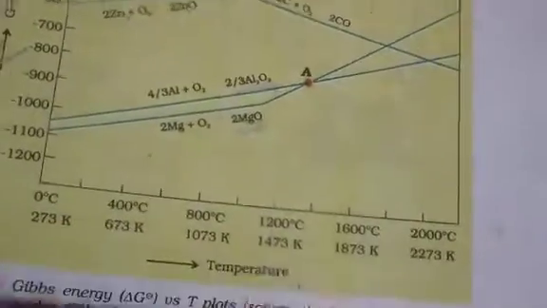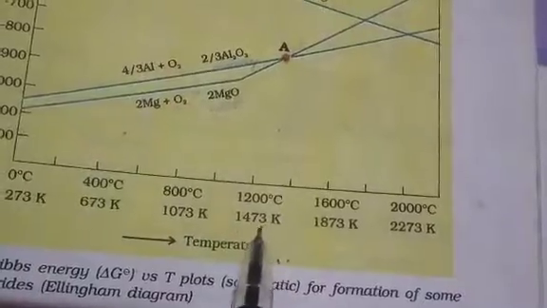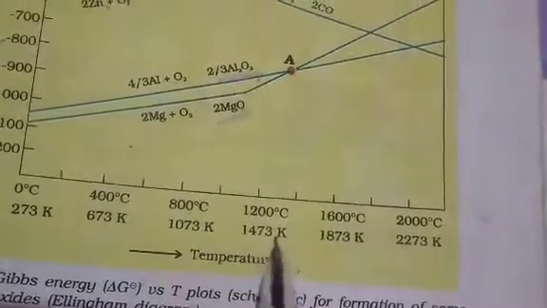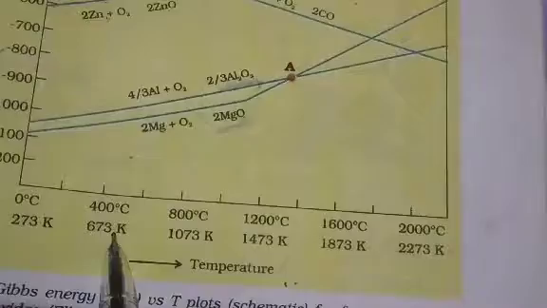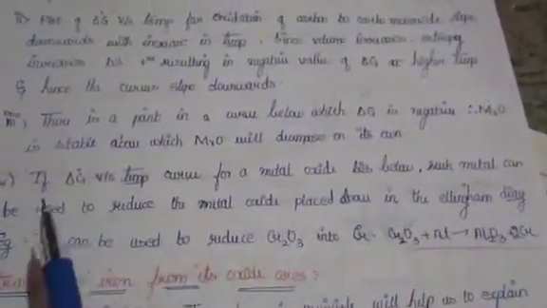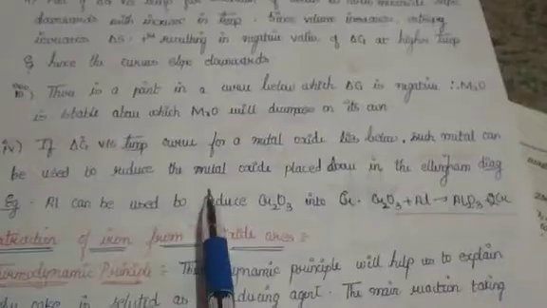Able to understand? That is only possible when the temperature is less than 1473 Kelvin. The same thing is said here: if the delta G naught versus temperature curve for a metal oxide lies below, such a metal can be used to reduce the metal oxide placed above it in the Ellingham diagram.